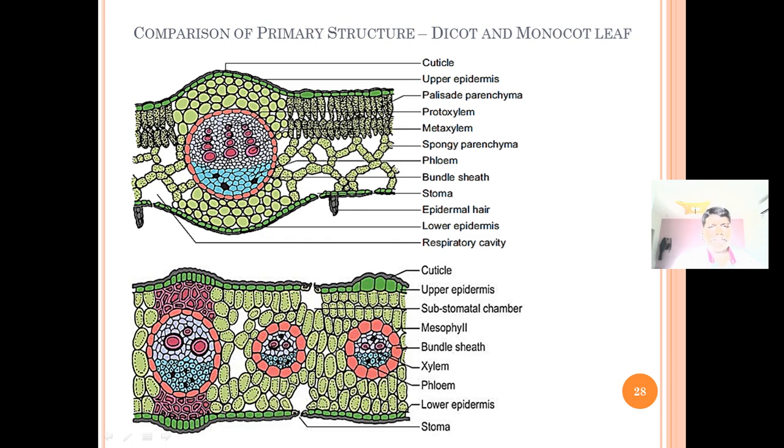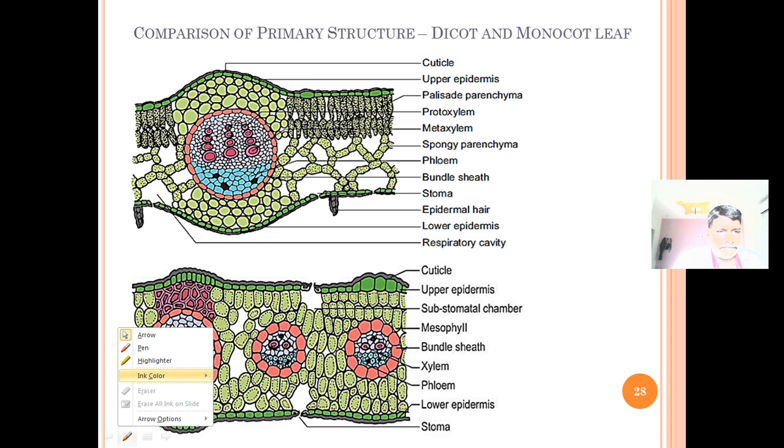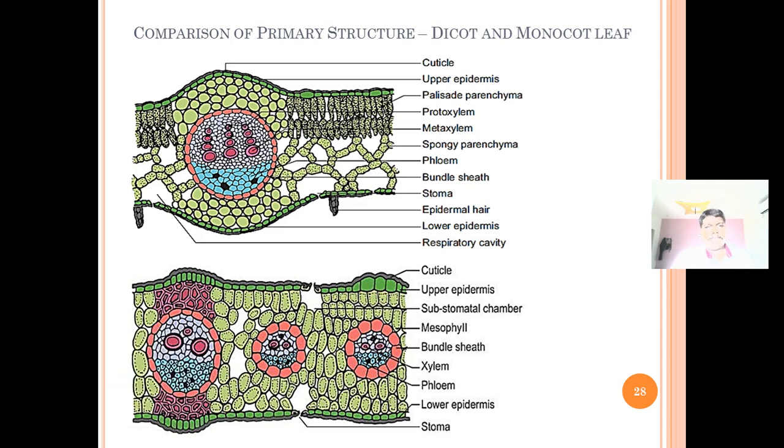Next, comparison of the primary structure of dicot and monocot leaf. If you take a dicot and monocot leaf, the lower and upper epidermis are uniseriate. In a dicot, the stomata are present only in the lower epidermis.